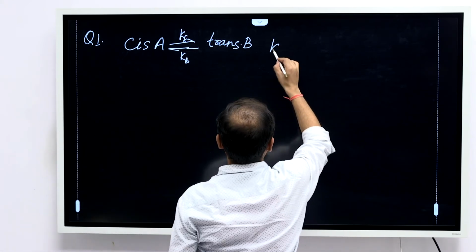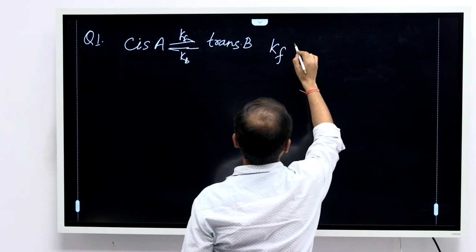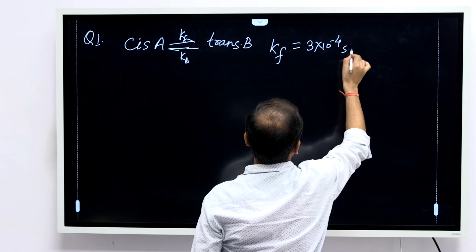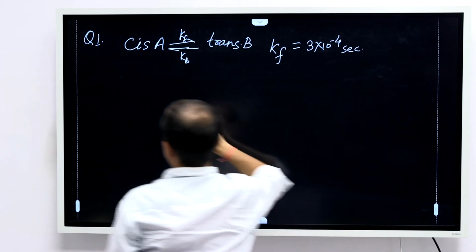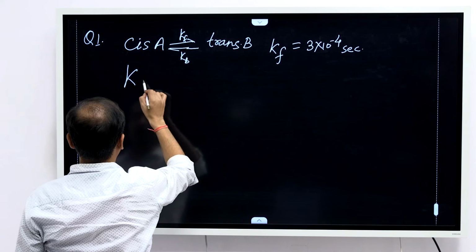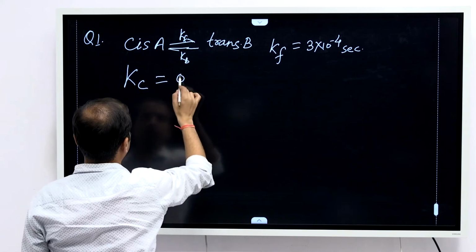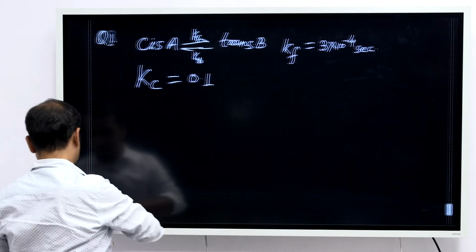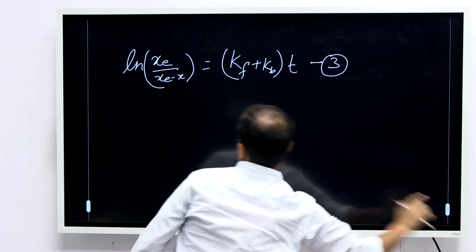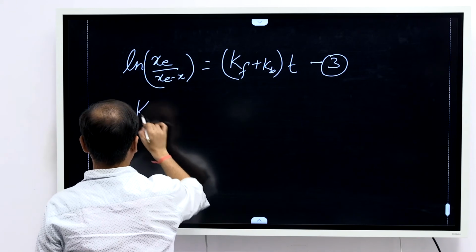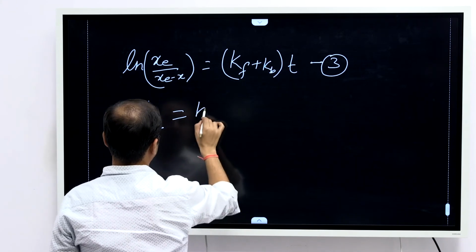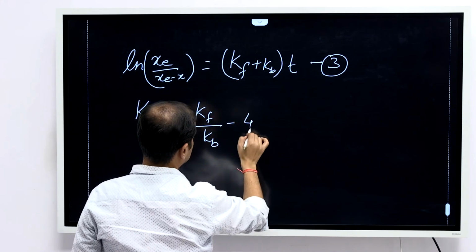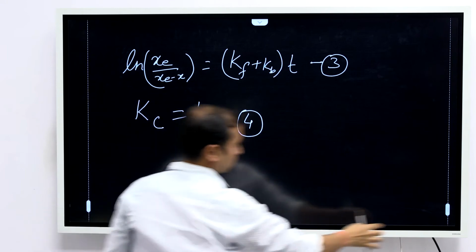The kf for this reaction is 3 into 10 to the power minus 4 seconds inverse, and Kc, the equilibrium constant, is 0.1. So one point to mention here is also that for a reversible reaction, the equilibrium constant Kc is equal to Kf upon Kb. This relation is also important and it is used in many numericals.